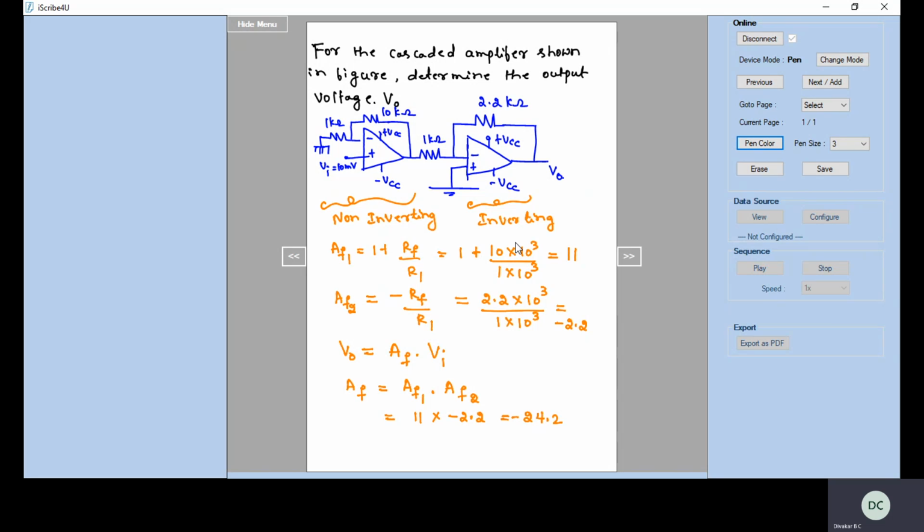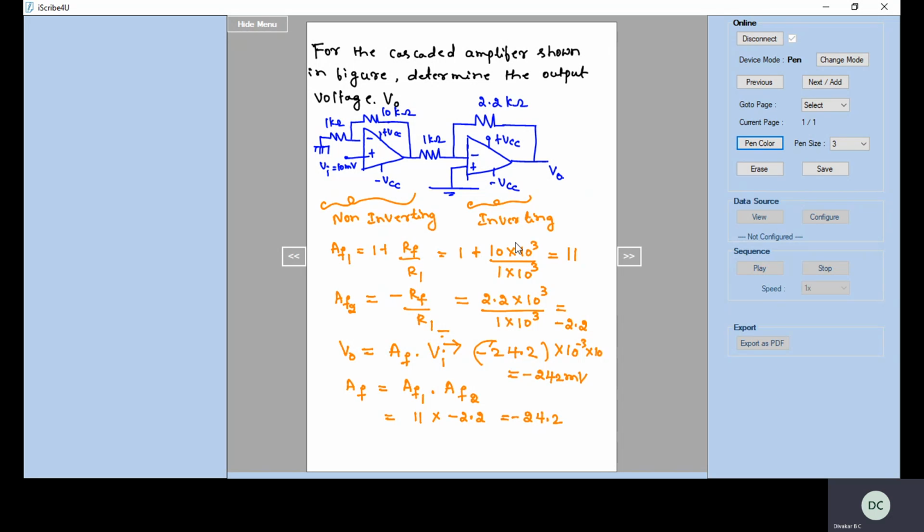To find V0 = AF × VI, the value of AF is -24.2, multiplied by the input, which is given as 10 × 10^-3. So the output voltage is -242 millivolts.